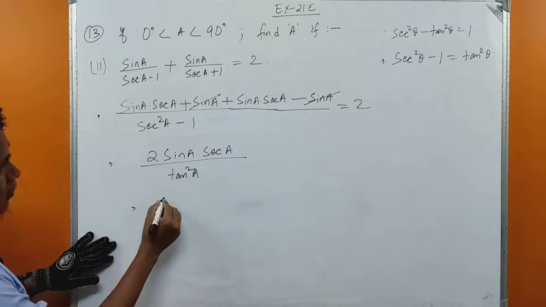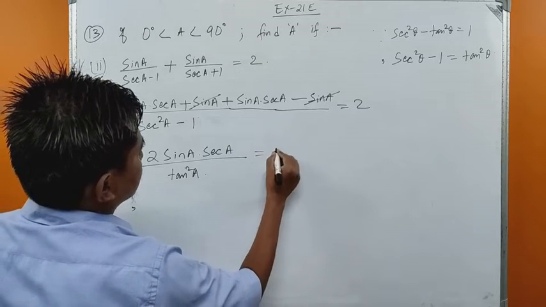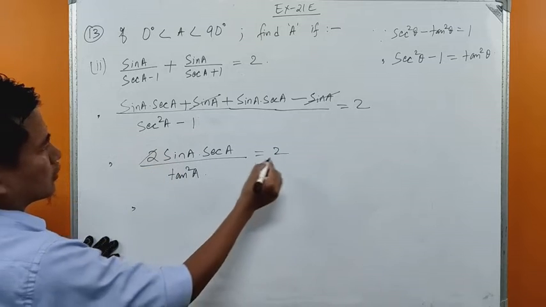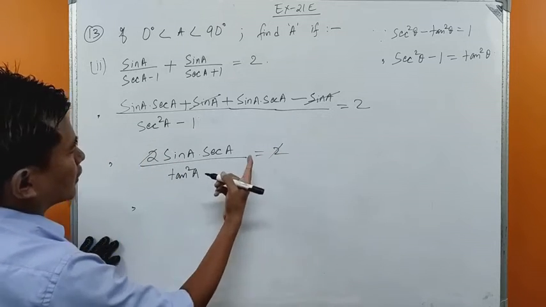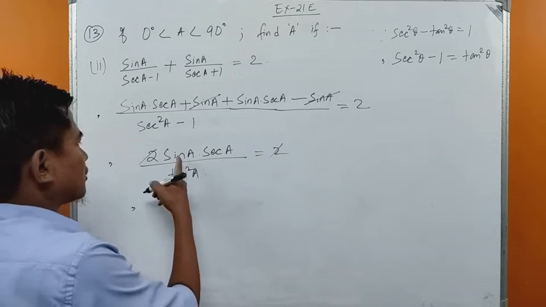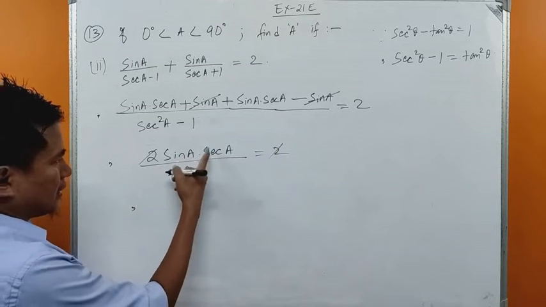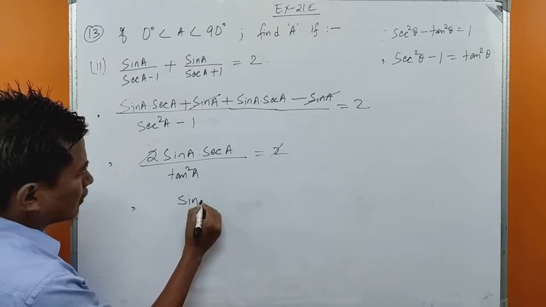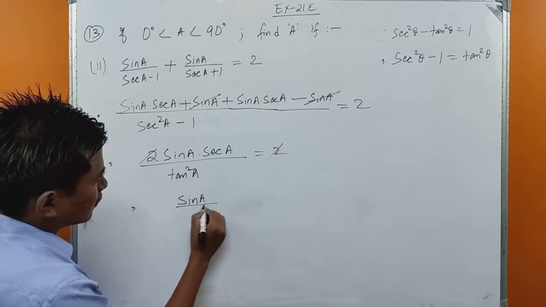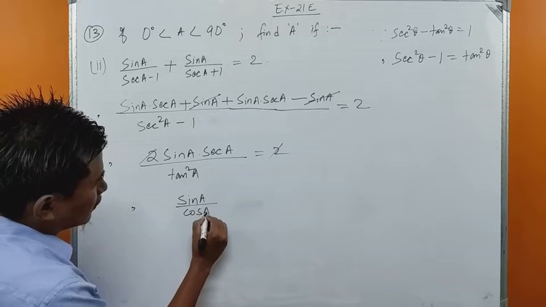Or equals to 2, isn't it? We have 2, so this 2 and this 2 can be cancelled. So this is sin A into sec A. Sin A into sec A means sin A by cos A, isn't it?